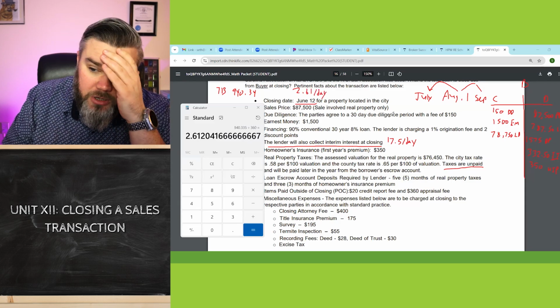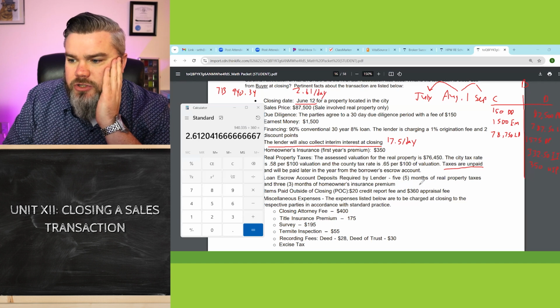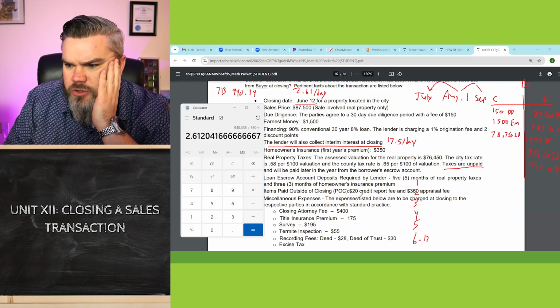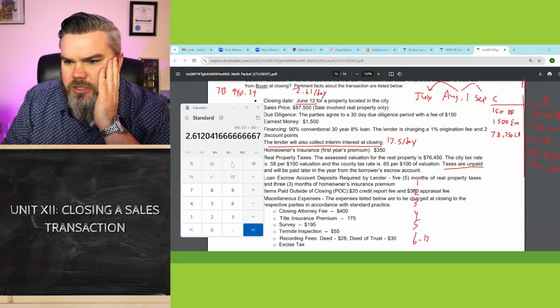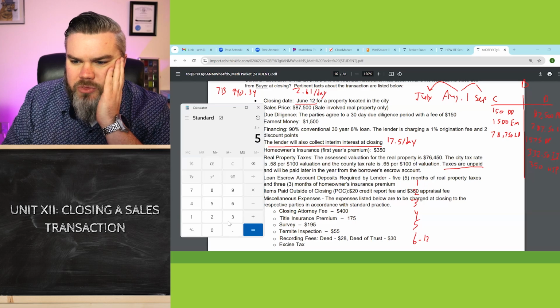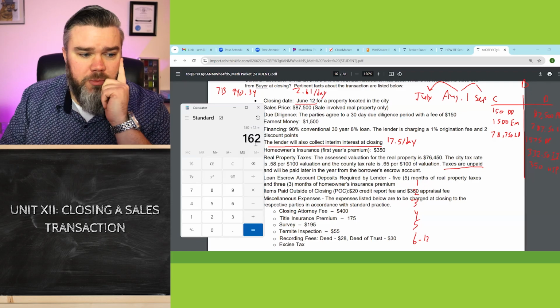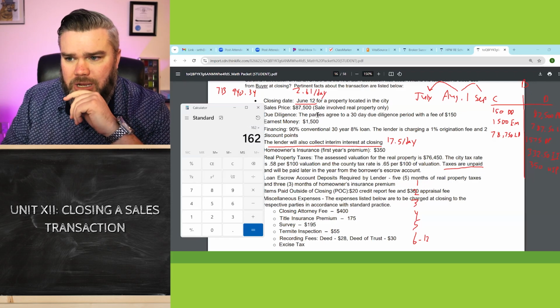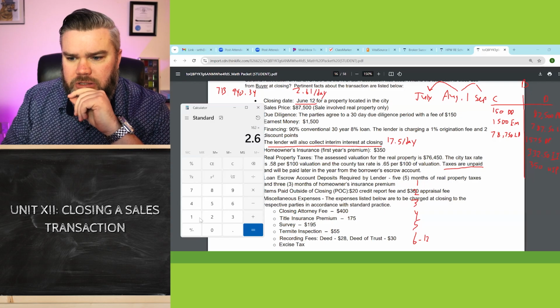And then remember, with the 30-day method, it's very easy, because it's just January, February, March, April, May, and 12 days in June. So you can basically say 5 months times 30 days, plus the 12 days for the month of June. Seller's responsible for 162 days, times your $2.61 a day.